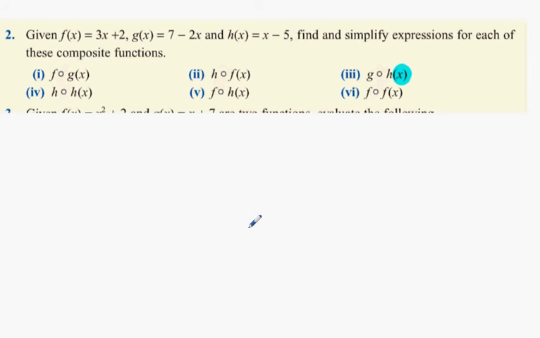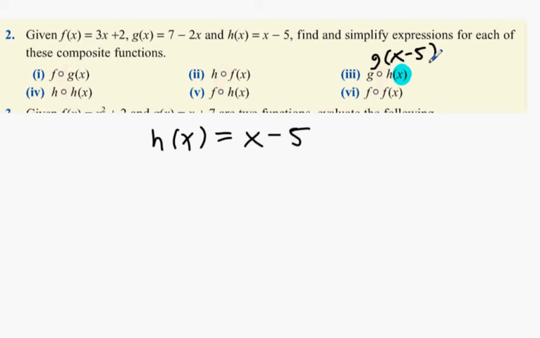Okay, h of x is what, guys? x minus 5. Can I replace x with anything? Does it tell me to replace x with anything? No. So it's already done, so the answer is x minus 5.